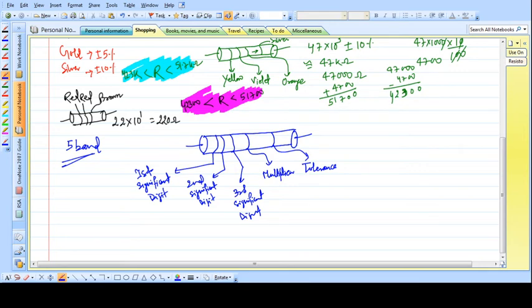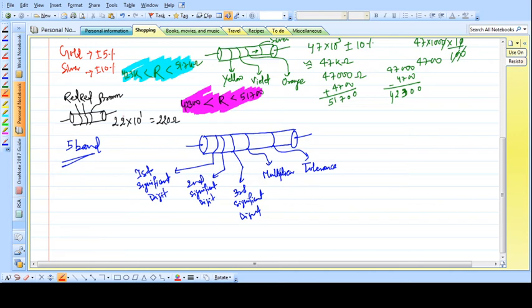Now we have to start with an example for the 5-band.